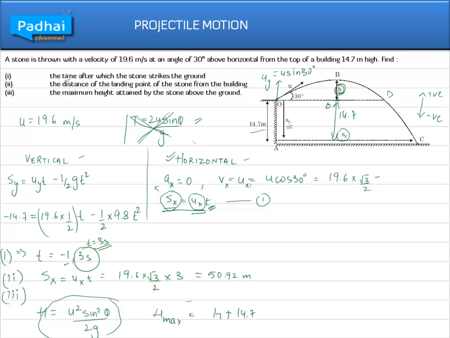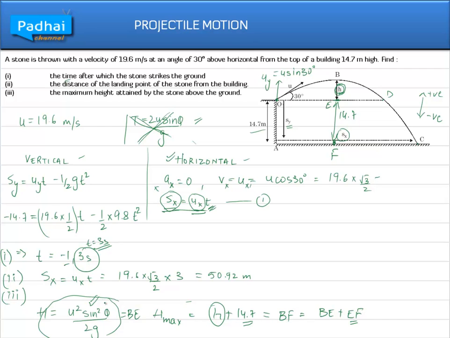Basically, if we mark this as E, this will give us only the value of BE. But if this part is F, we need H max, which is BF, which will be equal to BE plus EF. And EF is 14.7, right?